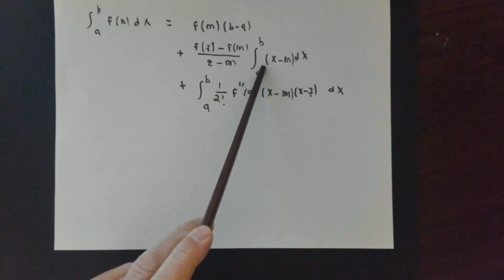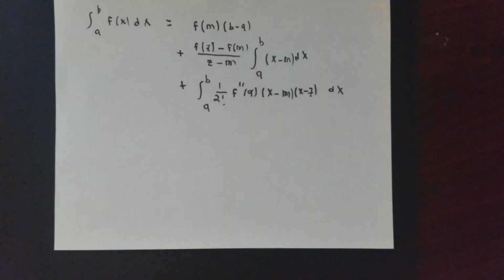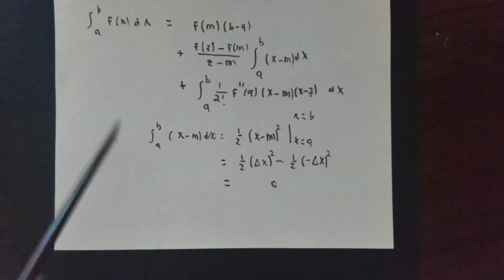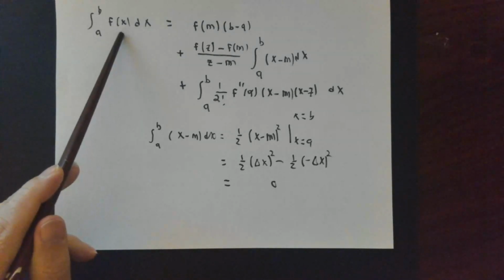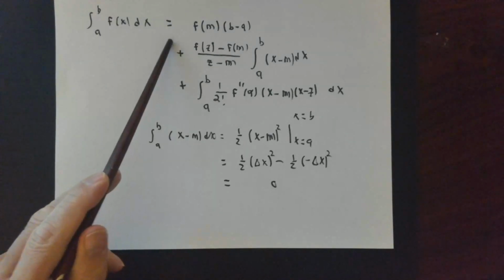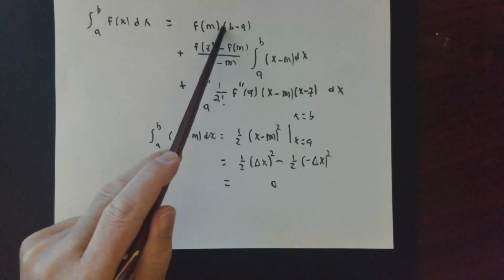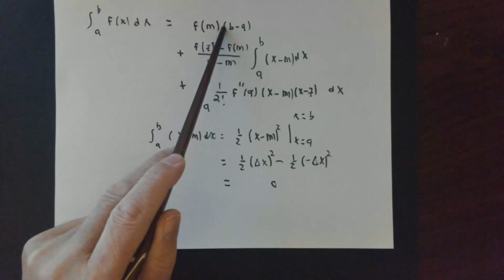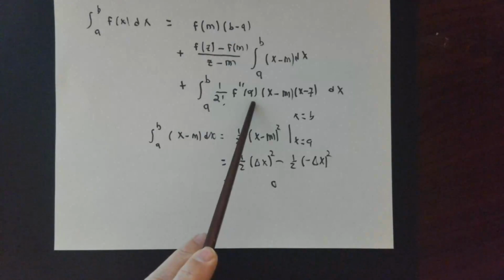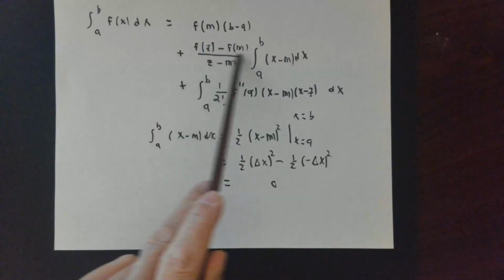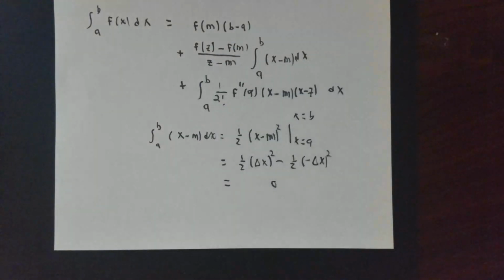This integral, believe it or not, is 0. So this says in reality the integral is exactly equal to what comes out of the midpoint rule plus that, since the middle term is 0.